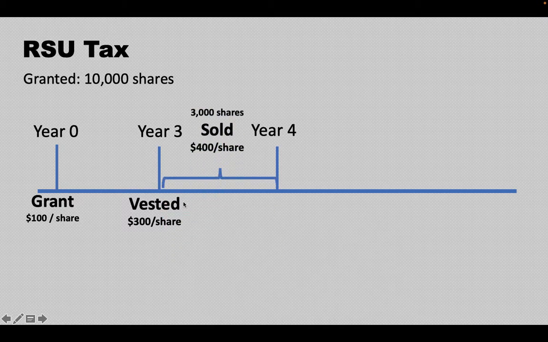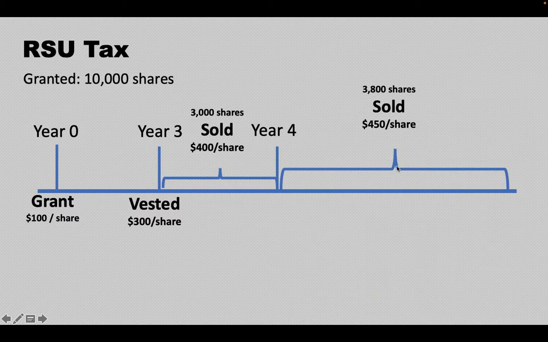Then within 1 year of the vest date, Adam sold 3,000 shares at $400 per share. Then after 1 year, he sold 3,800 shares at $450 per share. So this is the entire situation.